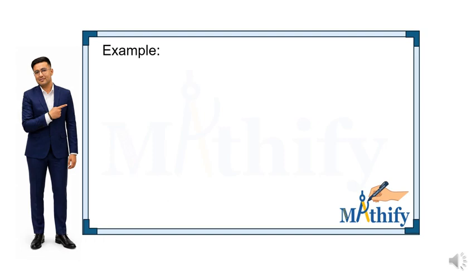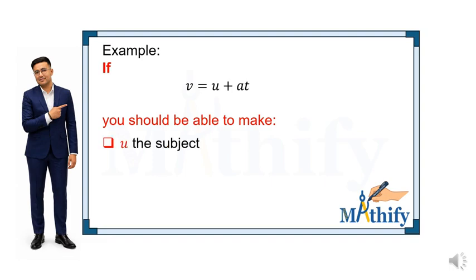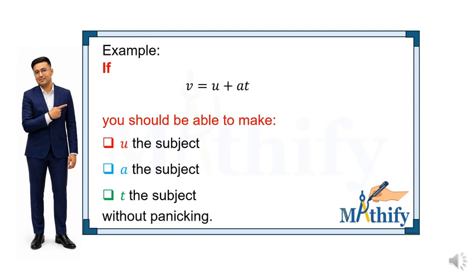For example, if V is equal to U plus 80T, you should be able to make U the subject, or T the subject, without ever panicking. This is a key skill that every student should have. They should answer any rearranging formula confidently and know how to change the subject.